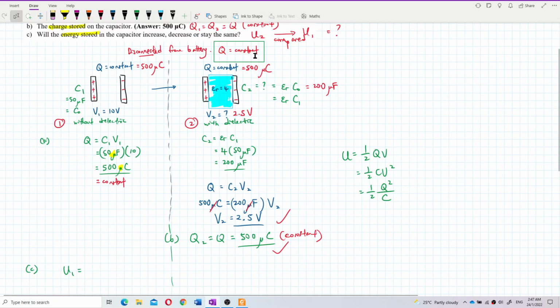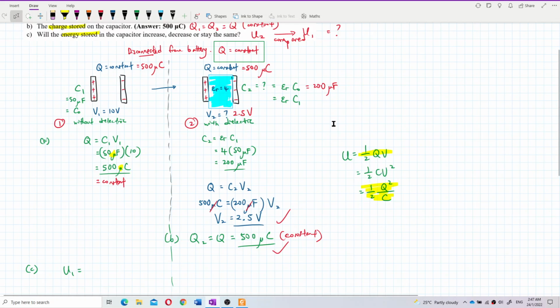So if the charge is constant, we normally use a formula which has the charge. So we only use half QV or half Q square over C, because we want to have one variable as a constant. So when the other variable changes, we can know the changes in the U. You understand?